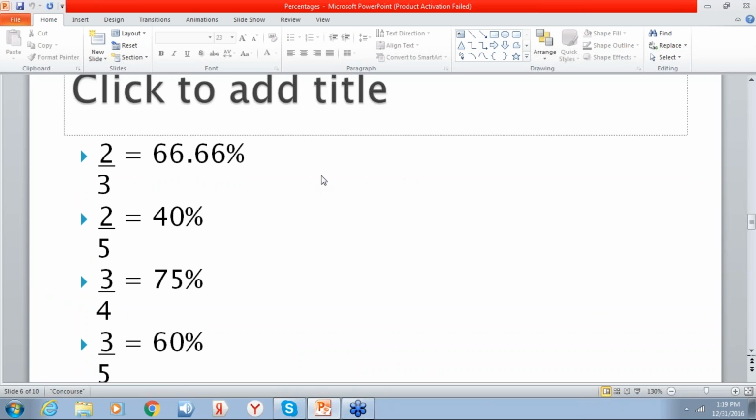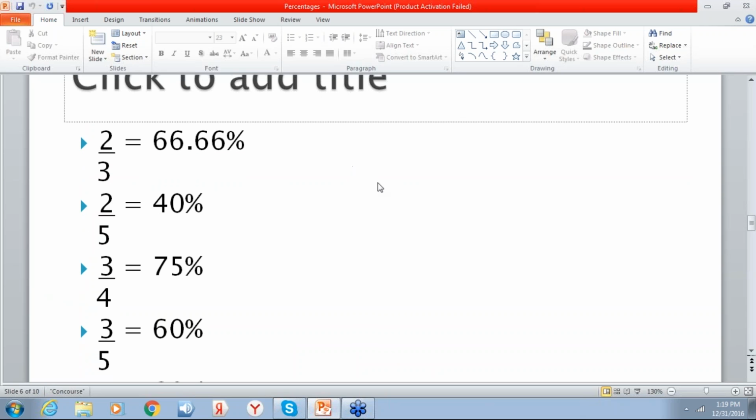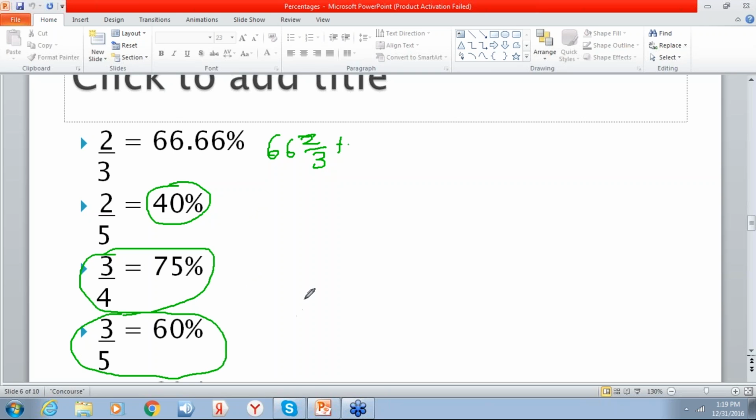Whereas 2 by 3 is equal to 66.66%, or 66 2 by 3%. 2 by 5 is equal to 40%. 3/4 is equal to 75%, or 3/5 is equal to 60%.